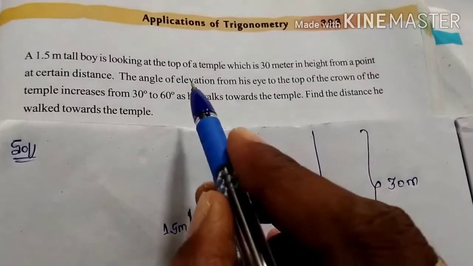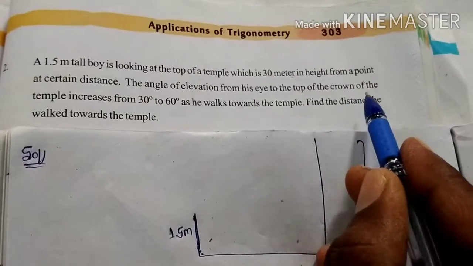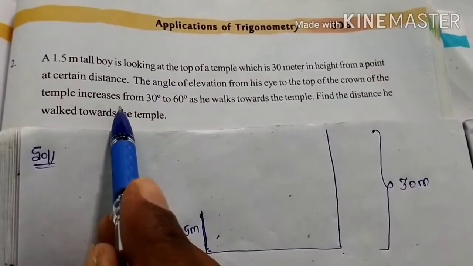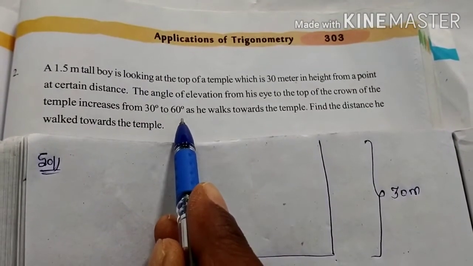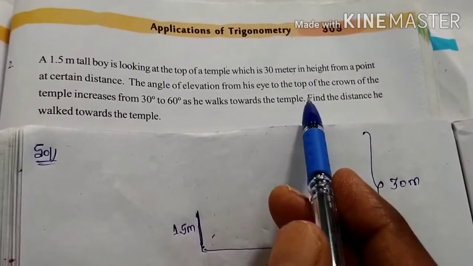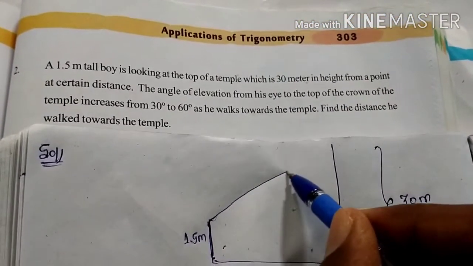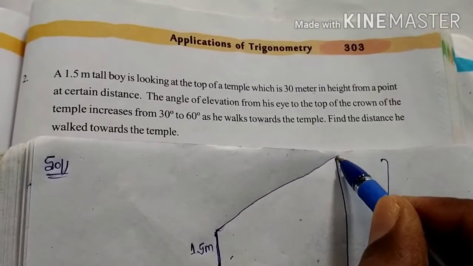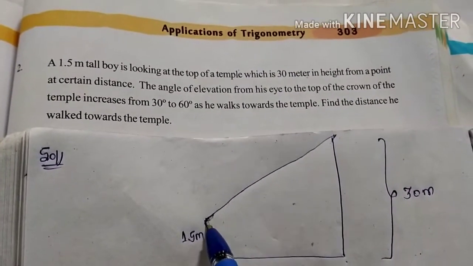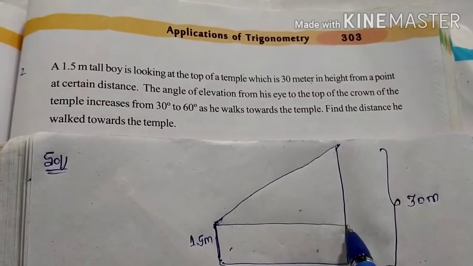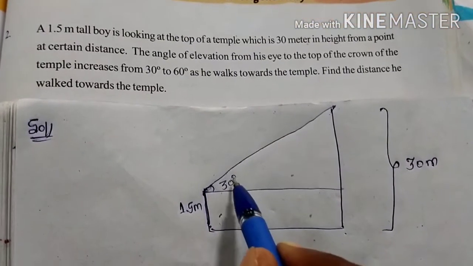They mention the angle of elevation from his eye to the top of the crown of the temple increases from 30 degrees to 60 degrees as he walks towards the temple. That means the initial angle of elevation is 30 degrees. You can draw a horizontal line here; this should be 30 degrees, the initial angle of elevation.